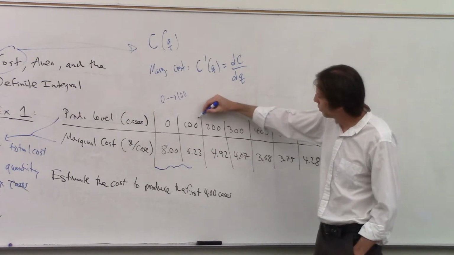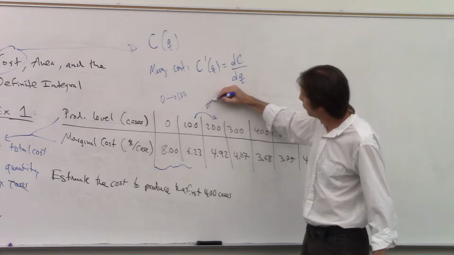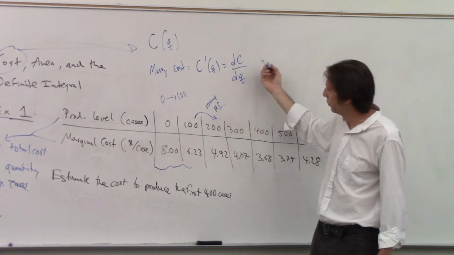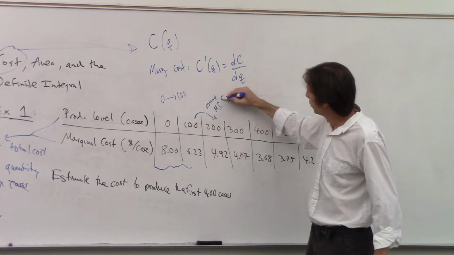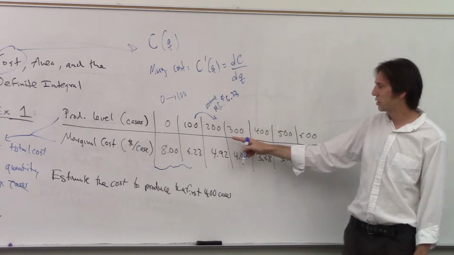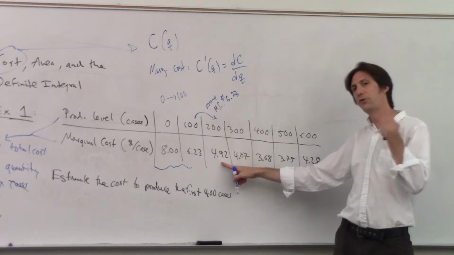Likewise, as my production goes from 100 to 200, I'm going to assume that the marginal cost, I'll abbreviate it MC, is $6.23 per case. As my production goes from 200 to 300, I'll assume the marginal cost is constant at $4.92 per case, etc.